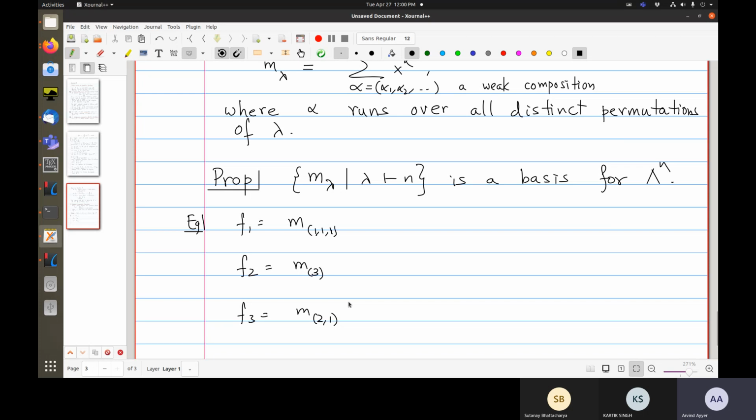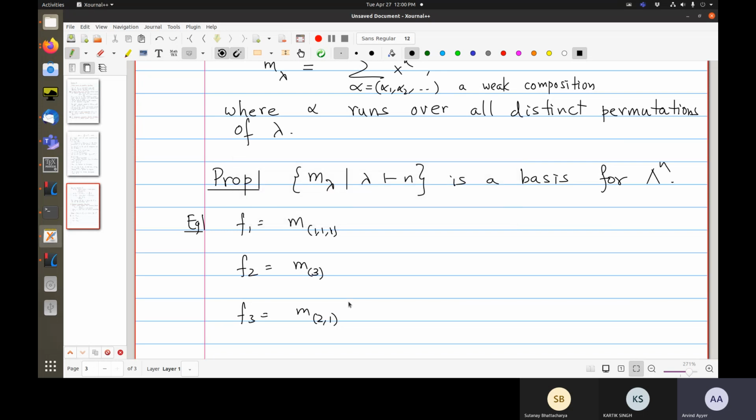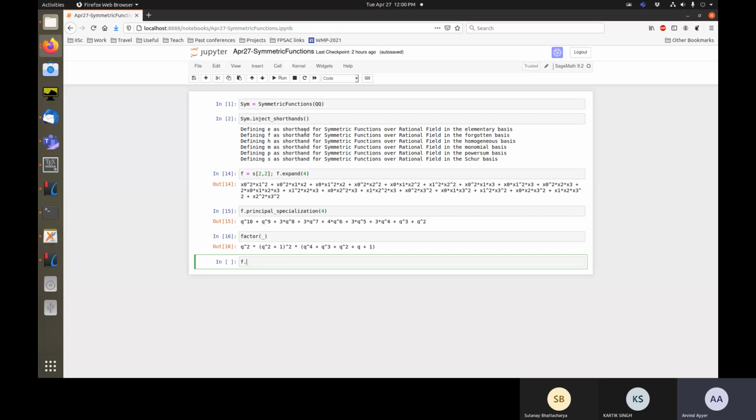I wanted to also show you on Sage how these work. So in Sage, symmetric functions are defined using this command. You take symmetric functions and you define the ring or the field, whatever you want to work over. So we want to work over the rationals.